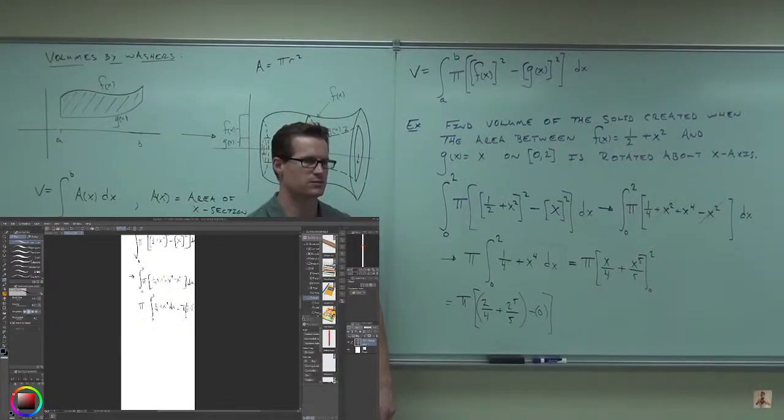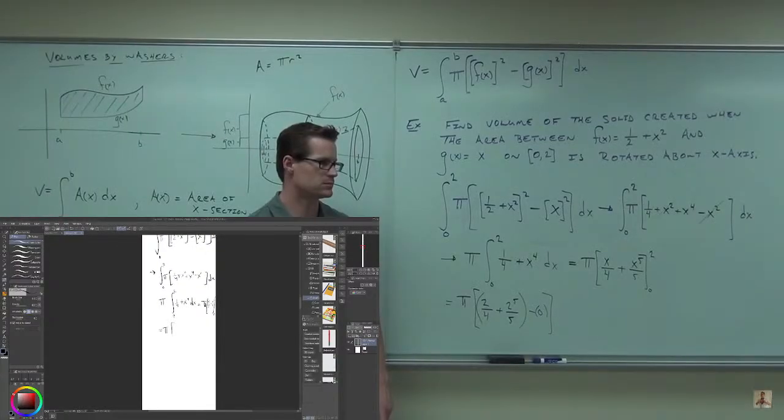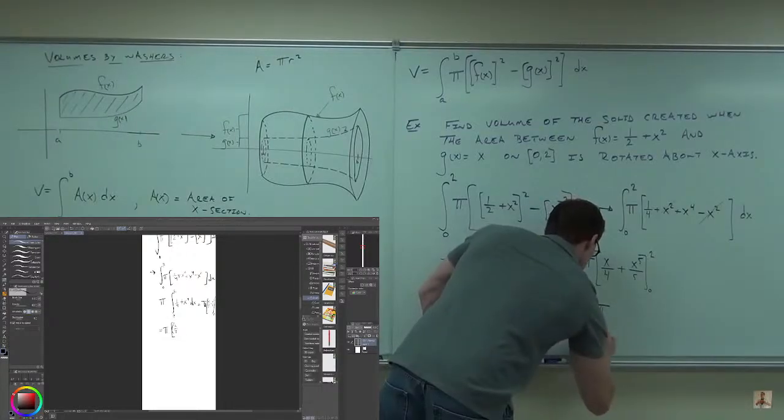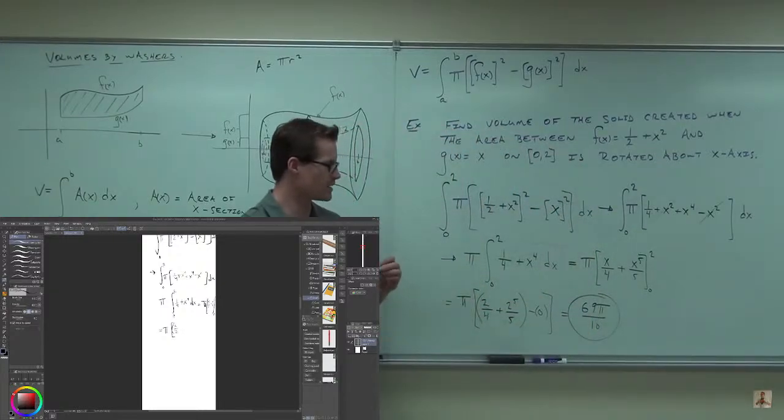So 1/2 plus 32 over 5. How much? 69 tenths. Okay. I think your calculator will do that for you, but 69 pi, don't forget the pi, 69 pi over 10.